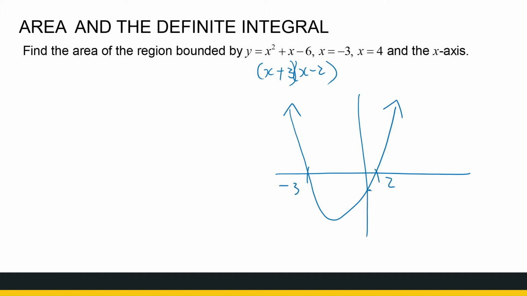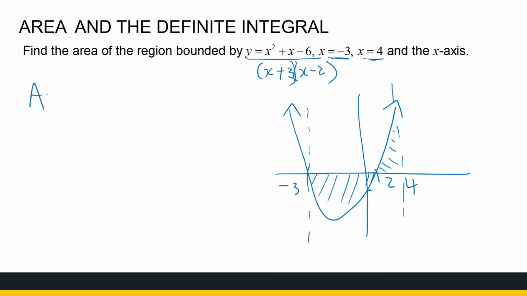Even the y-intercept doesn't matter. But what I need to know is, what am I working with here? I want the region bounded by this function, x equal to minus 3, so over here, so that's good, and x equal to 4, over here. So between minus 3 and 2, my function is below the x-axis. Then between 2 and 4, it's above the x-axis.